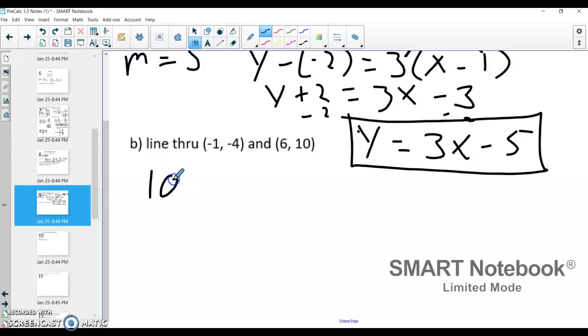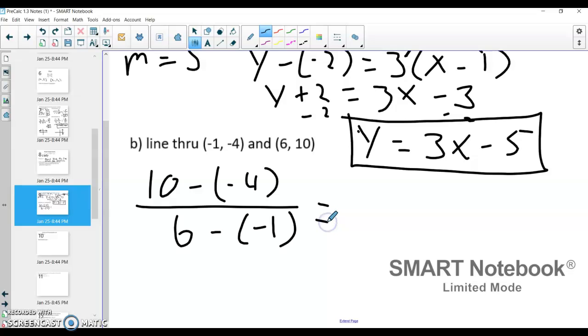So we got 10 minus a negative 4 over 6 minus a negative 1. That gives me 10 minus a negative 4 is the same thing as 10 plus 4, so 14. And then I have 6 minus a negative 1, that's like 6 plus 1, so that is 7. And that reduces down to 2 over 1, or simply 2.